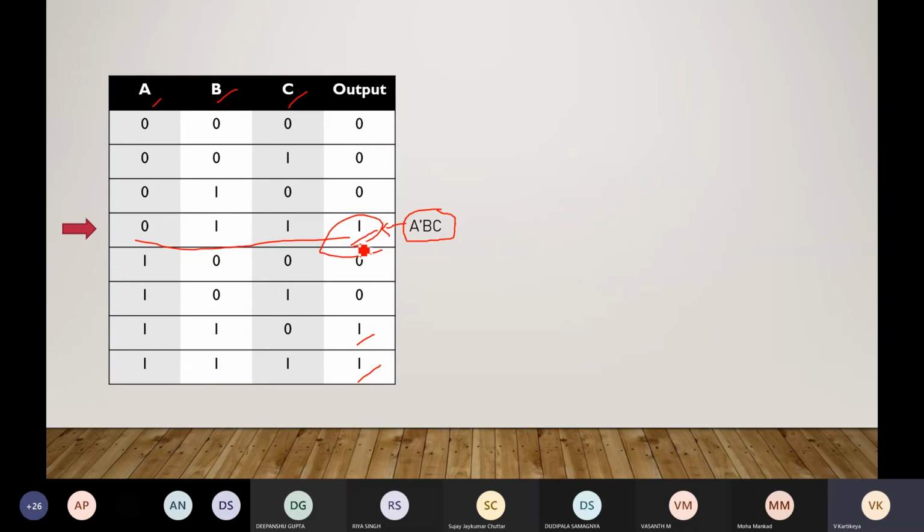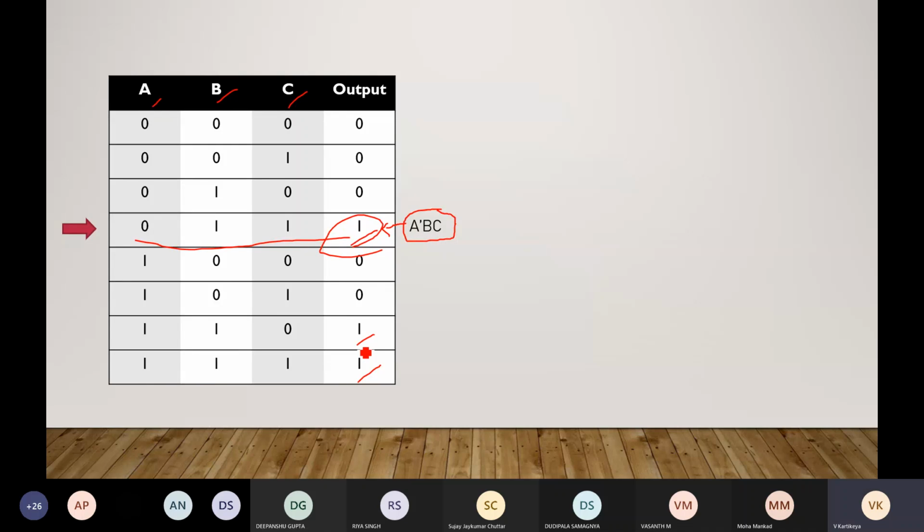If you substitute all of them, A as 0, A dash will be 1, B is 1, and C is 1. So A dash B C is again 1. But if you put any other combination, you'll see that it will result in 0. Only for this specific combination will it be 1.